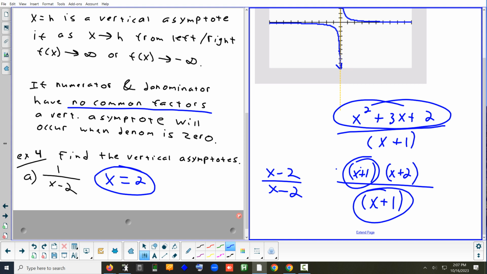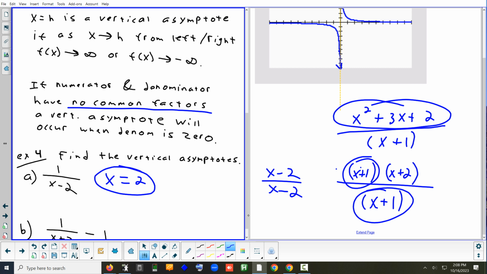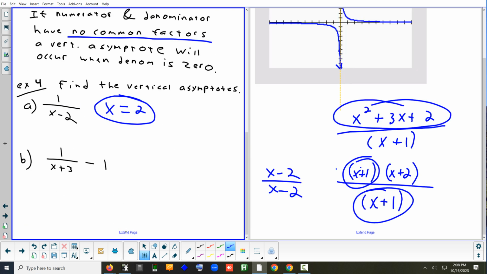Okay, I think I had one more. Let's try this one. What would be the vertical asymptote in this one? We're looking for the number that would make the bottom 0. Yep, x equals -3.